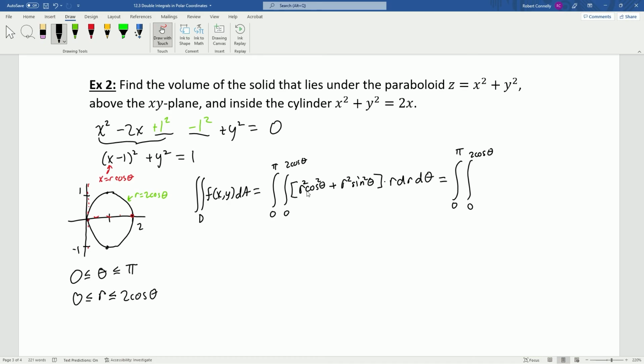Now, if we factor out this r squared, we're going to get cosine squared plus sine squared, which is 1. So we just have r squared times r. So this is r cubed dr d theta. Integrate this, we get the integral from 0 to pi, r to the 4th over 4, evaluated from 0 to 2 cosine of theta, d theta.